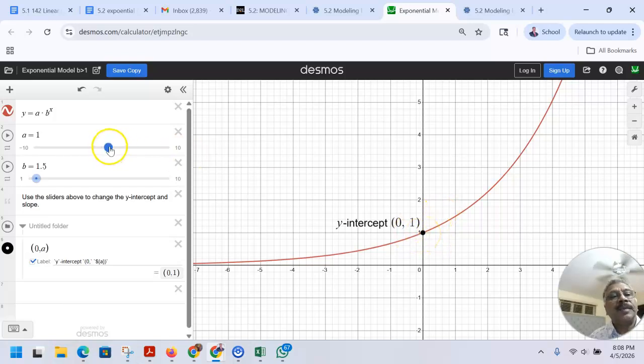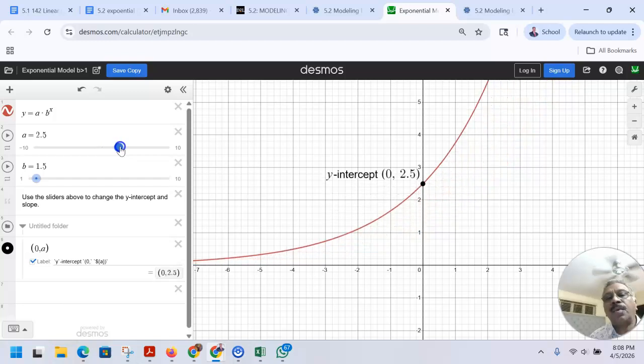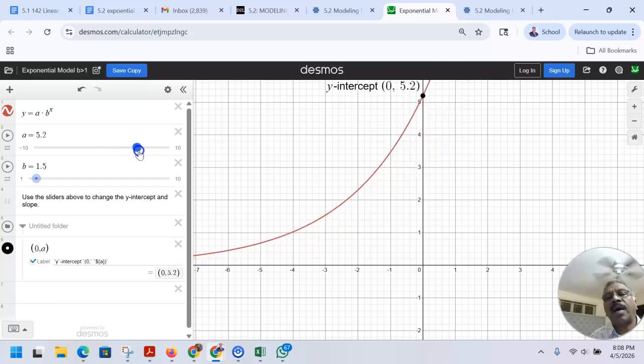Then if I change a to 1.5, 2, 2.5, 3, 3.5, 4, 4.5, you can see the graph of the exponential equation gets steeper the greater the a is.